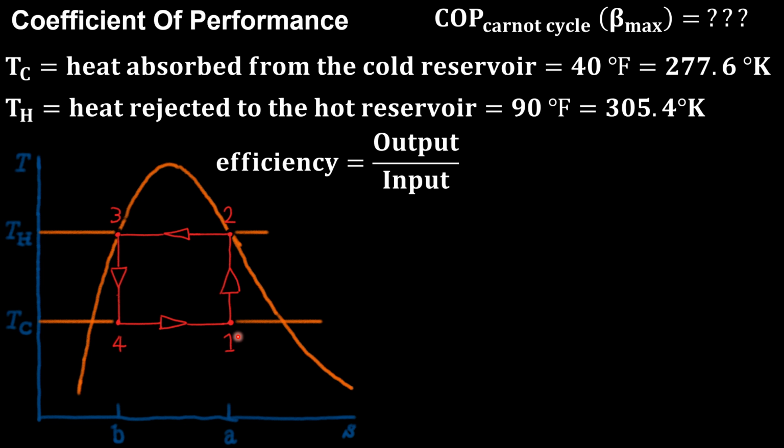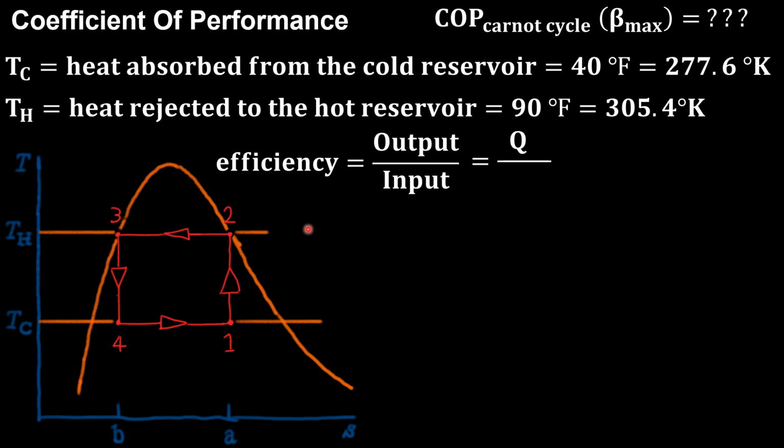So in a Carnot vapor refrigeration cycle, from 1 to 2 is the compressor, and from 3 to 4 is the turbine. Or in other words, the energy that's being absorbed by the working fluid minus the heat rejected by the refrigerant.